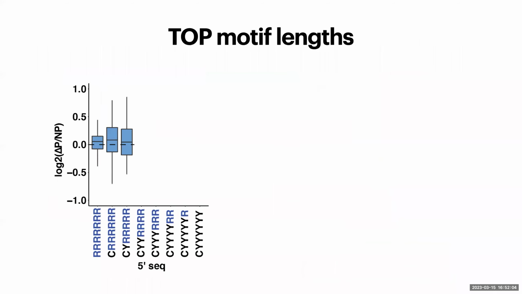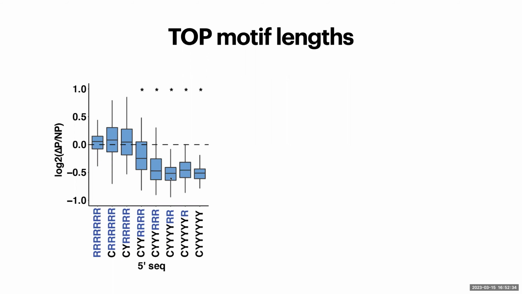The biggest thing that varies with TOP sequences is their length, so we binned RNAs based on the length of the TOP sequence. What you can see is if you have a sequence that's just purines and add a single C, there's not really any change in translation. If you add another pyrimidine, again, there's not much of an effect. But now if you add 3 pyrimidines and then 4 all the way up to 5, there's a nice linear increase in the degree of repression.